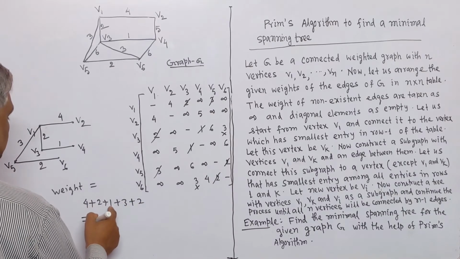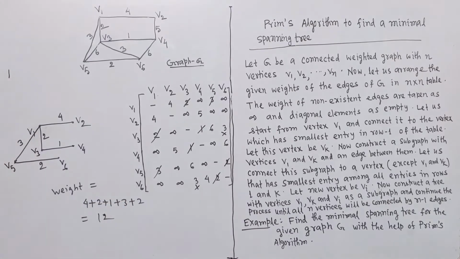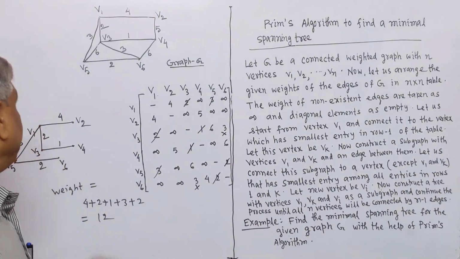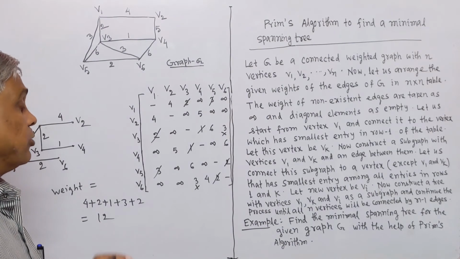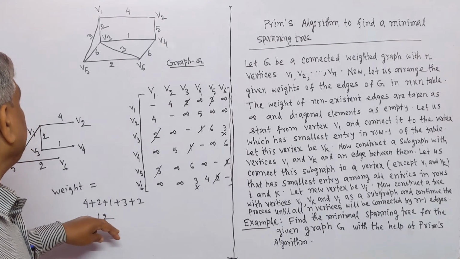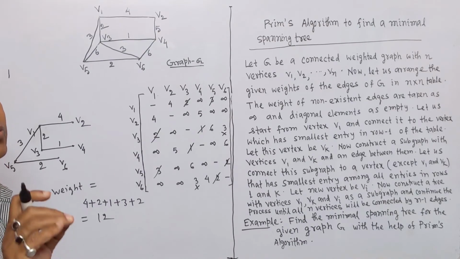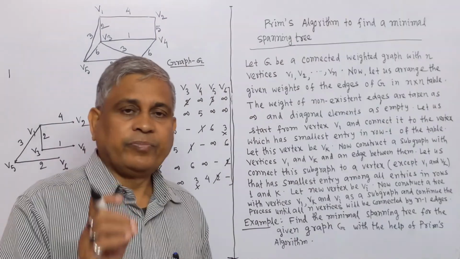This is 6, 7, 10, 12. So this is another minimal spanning tree of weight 12. In Kruskal's algorithm, we get a different minimal spanning tree, but the weight of that spanning tree is also 12.